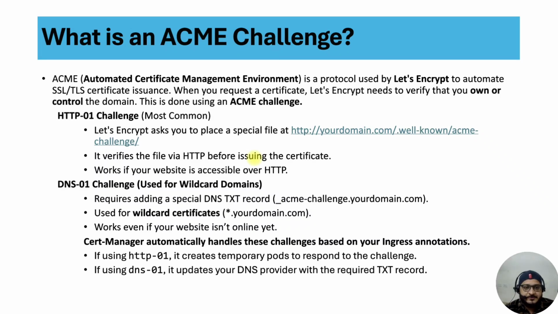The DNS-01 challenge is used if you want a wildcard domain. In that case, you add a TXT record in GoDaddy or whatever cloud or domain provider you are using. If you have a requirement for a wildcard certificate, you should use the DNS-01 challenge.